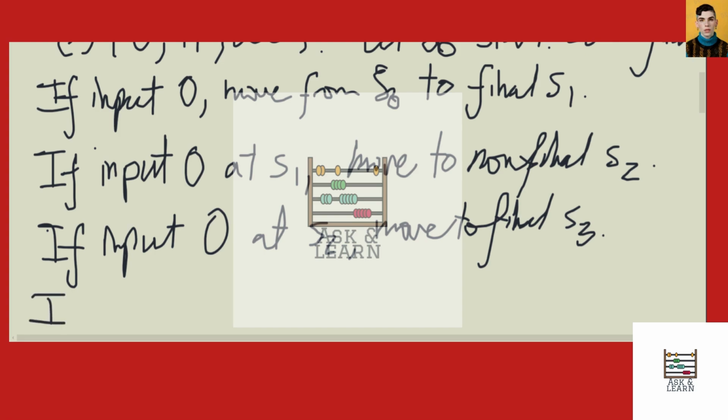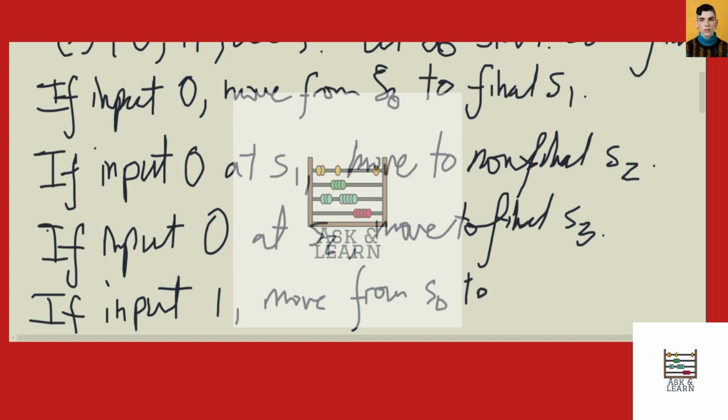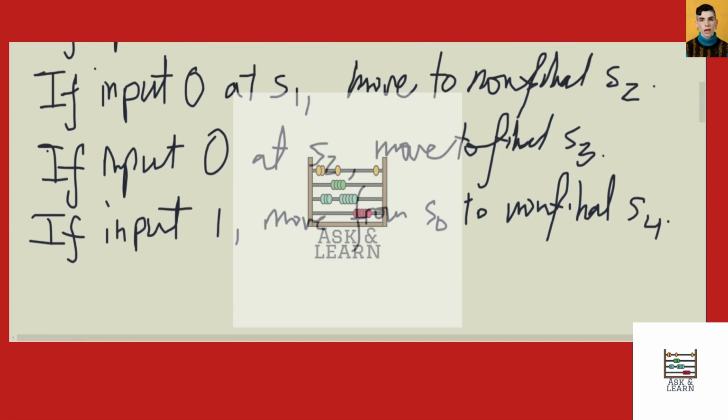Suppose instead that the input initially is a 1, then we'll move from S0 to a non-final state, and this will be a new non-final state S4, because the string 1 should not be accepted.